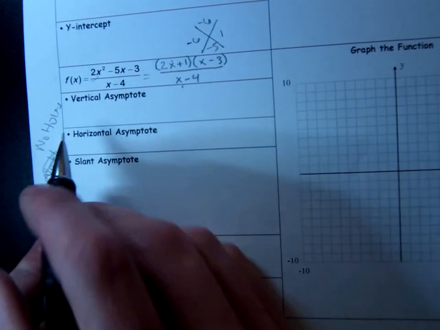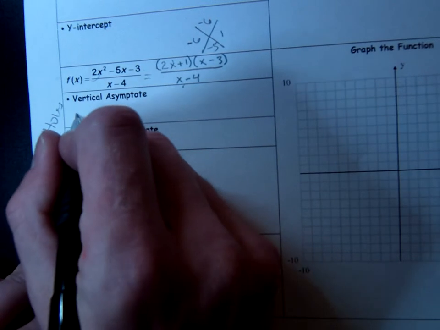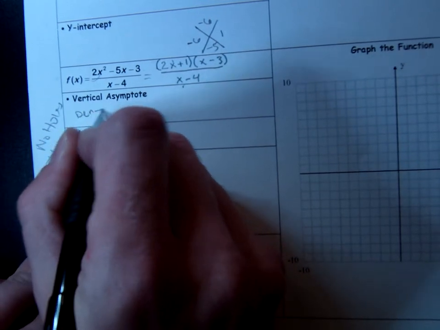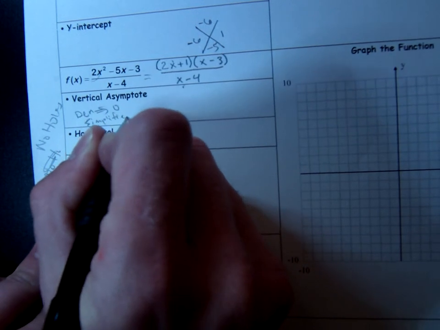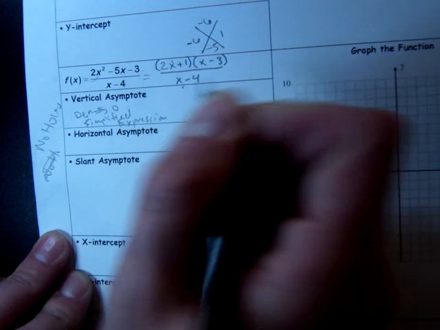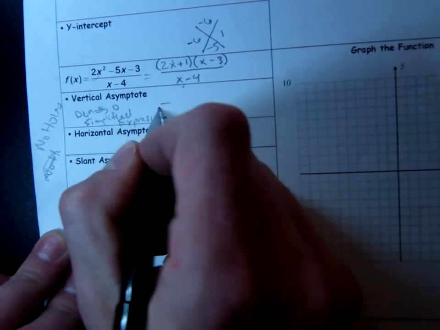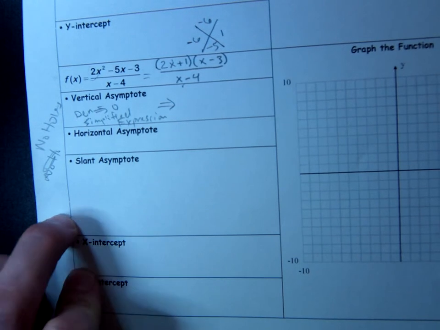Okay? So vertical asymptotes. Well, a vertical asymptote is going to be created when our denominator becomes 0, and that's only from the simplified expression. Now, in this case, we didn't actually cancel anything, so we can just use the original expression. But you use the simplified expression when you are doing vertical asymptotes.